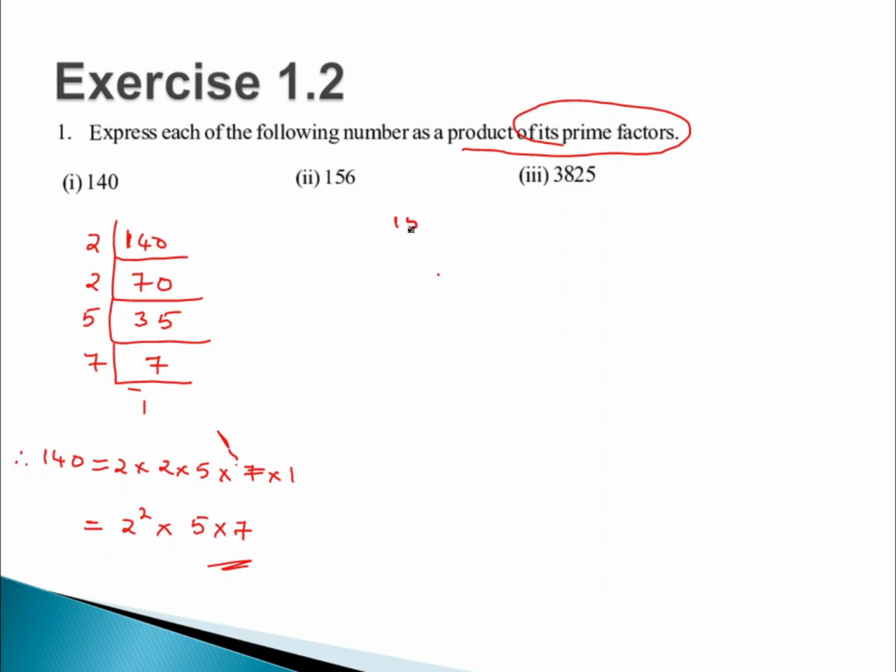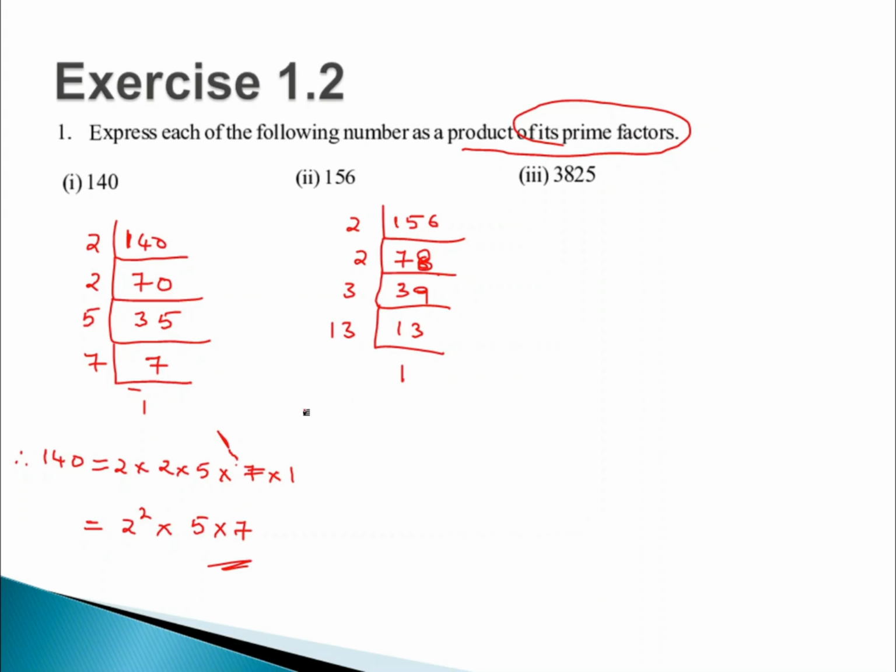The next sum is 156. If I look at this sum here, when I'm dividing this by 2, I think here we'll be having 78. Yeah, 78. Dividing by 2 again, 39 you'll be getting here. Now this is divisible only in the 3 table, and 13 is also divisible only in the 13 table.